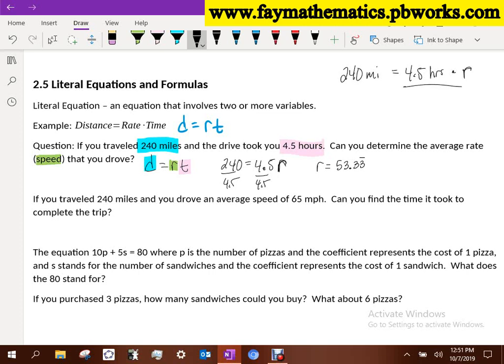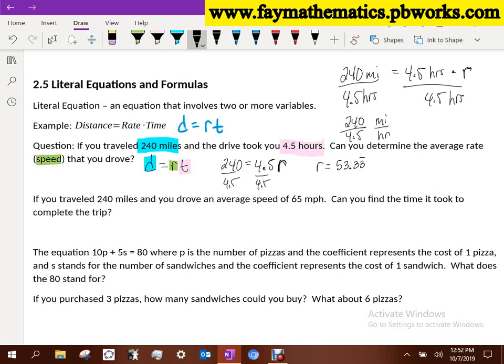So when I divided by 4.5, what I really divided by was 4.5 hours, right? Does that make sense to everybody? So when I come over here, I divide by 4.5 hours, and it gives me the ability to write it this way. So I do the division with the numerical parts, but now I'm going to do division with the unit part, and I get miles divided by hour.